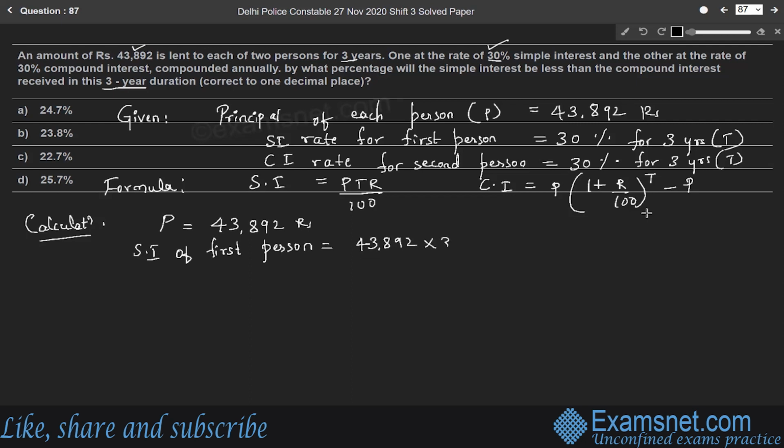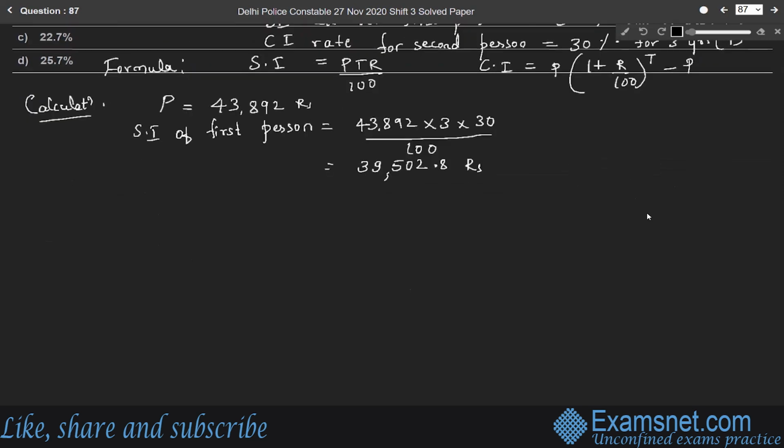Time period is 3 years. Rate of interest is 30 divided by 100. So after simplification, which is equal to 39,502.8 rupees. So the simple interest for the first person is 39,502.8 rupees.